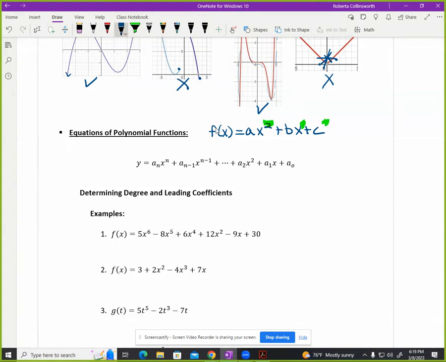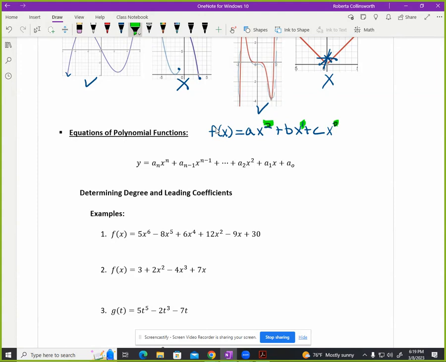So this is x to the second, this is x to the first, this is x to the 0 power. Anything to the 0 power is 1. So all of this is in decreasing order from your exponents. So that's what this is saying.